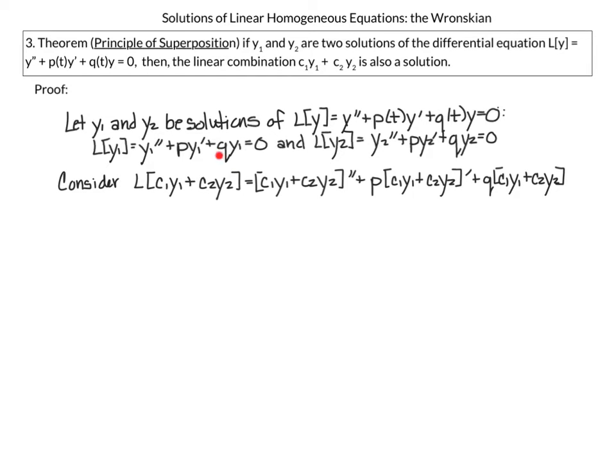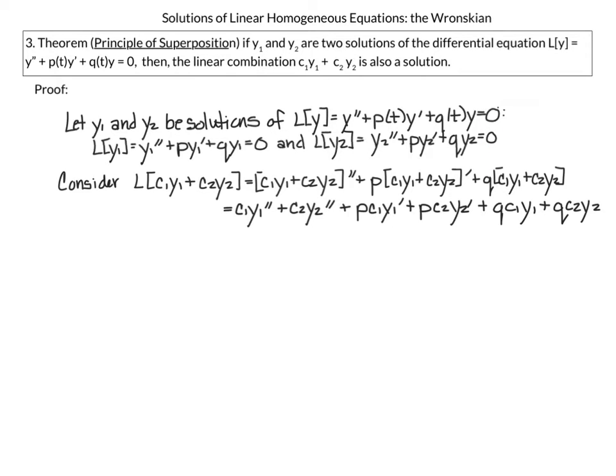So now we need to look at the linear combination c1 y1 plus c2 y2 and plug it into L. Plugging this in, we get (c1 y1 plus c2 y2) double prime plus p times (c1 y1 plus c2 y2) prime, plus q times (c1 y1 plus c2 y2). And we want to show that that equals 0.